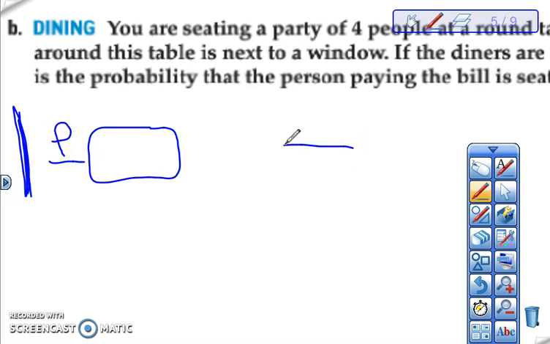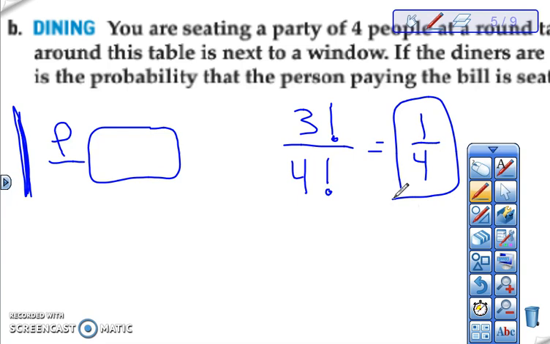So I know that if the person paying is sitting next to the window, the other 3 people can be arranged in whichever order I want. And if I'm figuring out the total number of arrangements, then I would have to count all 4 people. So if I reduce that fraction, there is a 1 in 4 chance that the person who paid is sitting next to the window.